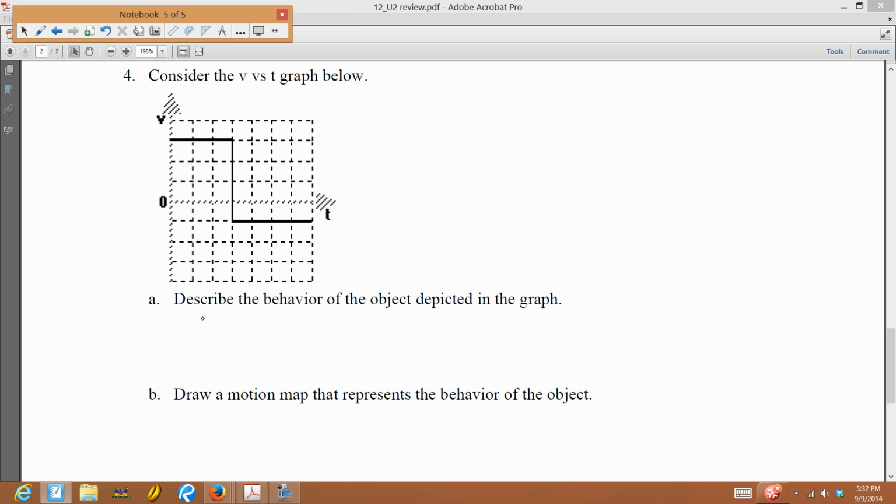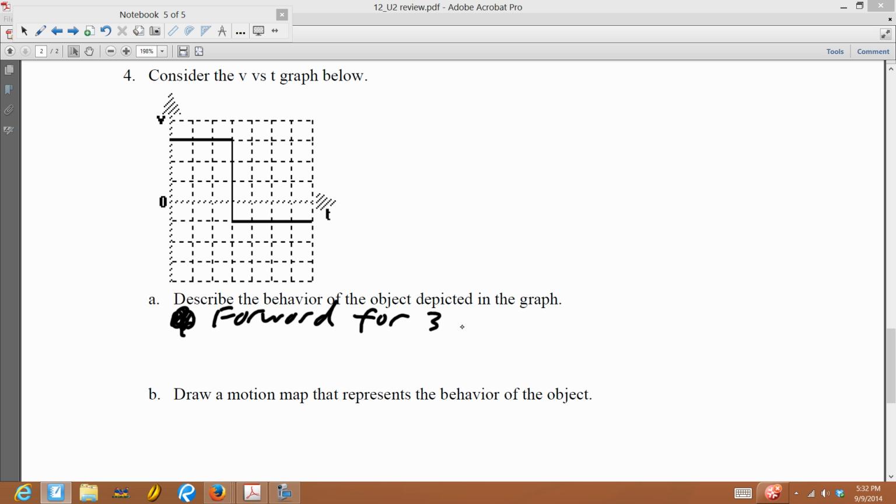Also, I would want to say this one's 3 times faster. I was going to write forward with number 4. It's kind of silly. Forward, or a positive direction, for 3 intervals of time, at a speed of 3.